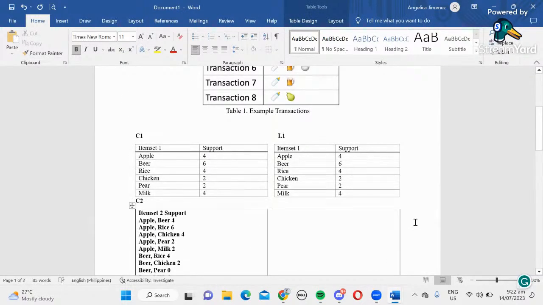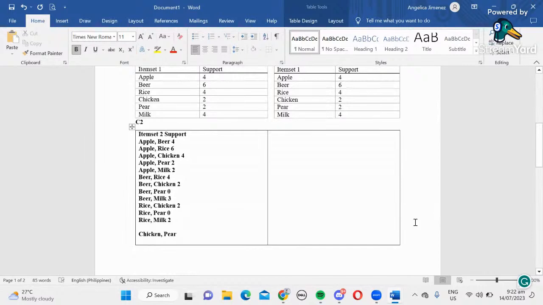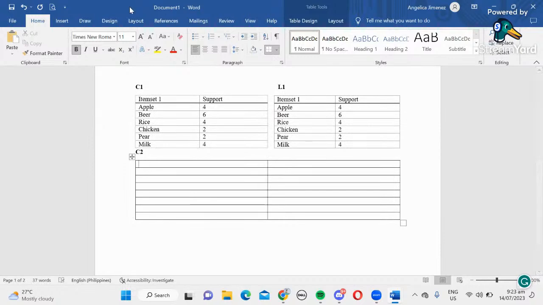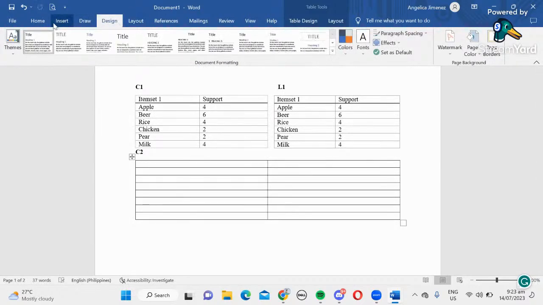Na ilan lahat ito? 15 po, ma'am. So from 15, how many item sets? 7 po. We have our most frequent item set, no? From 15, we have 7. Tama ba? Yes, ma'am.